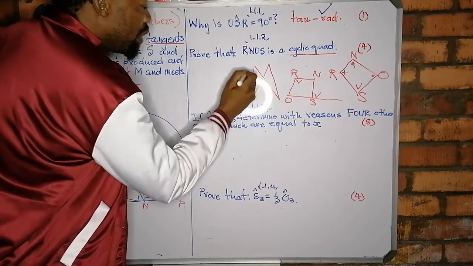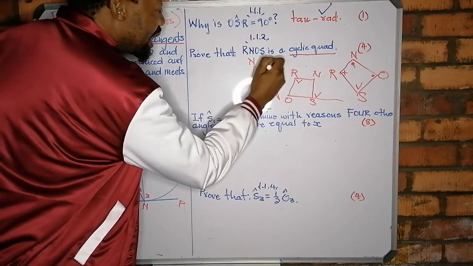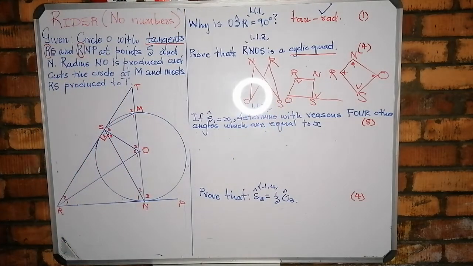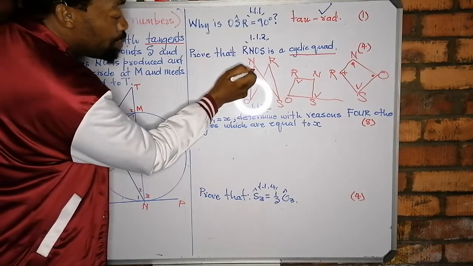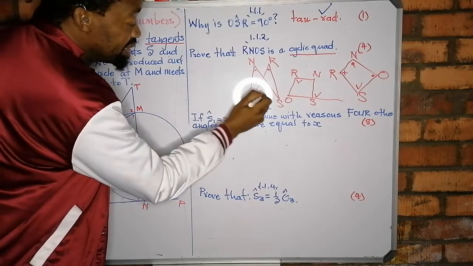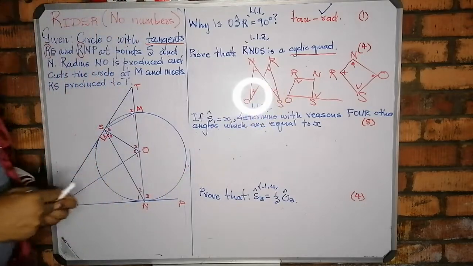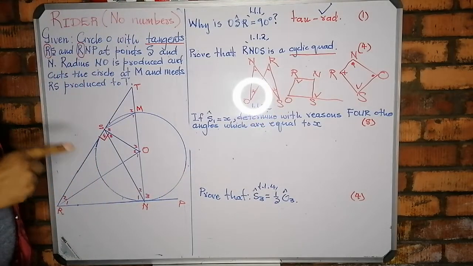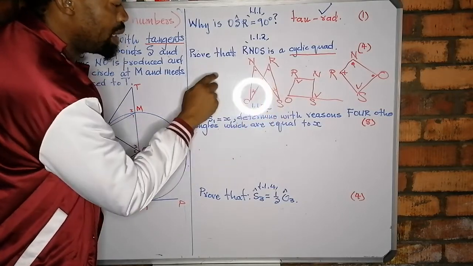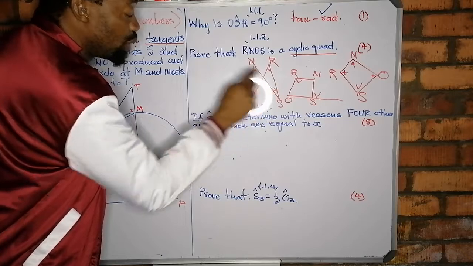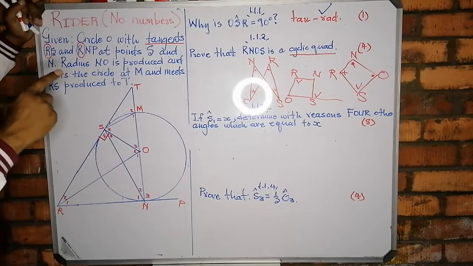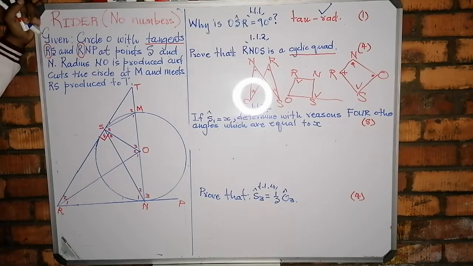If we have RNOS in that form, and we can prove that this is equal to that, or this is equal to that, which are angles that are subtended by the same chord. OS is subtending this one and this one, NR is subtending this one and this one, then we can conclude that RNOS is a cyclic quad.